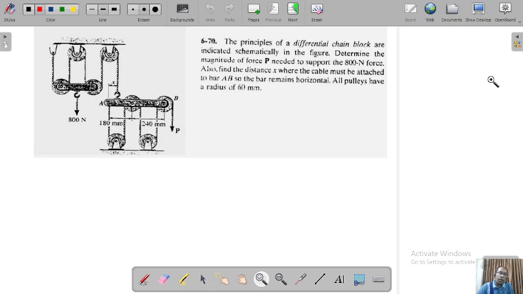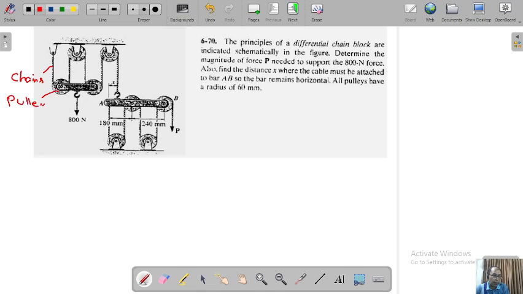Okay, we have here a differential chain block machine in which, if you look at the figure, they have placed chains. These are our chains, and these are our pulleys.